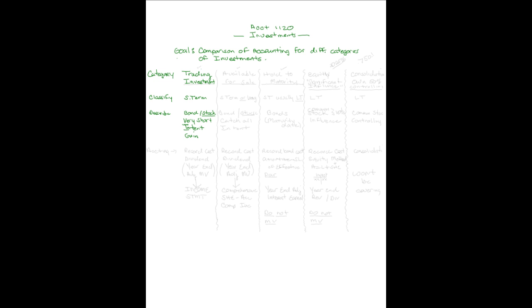Let's compare that to another category called available for sale. Available for sale investments can be short-term or long-term. They can go either way. And again, they can be in bonds or stock, but I'm going to keep the discussion on stocks.